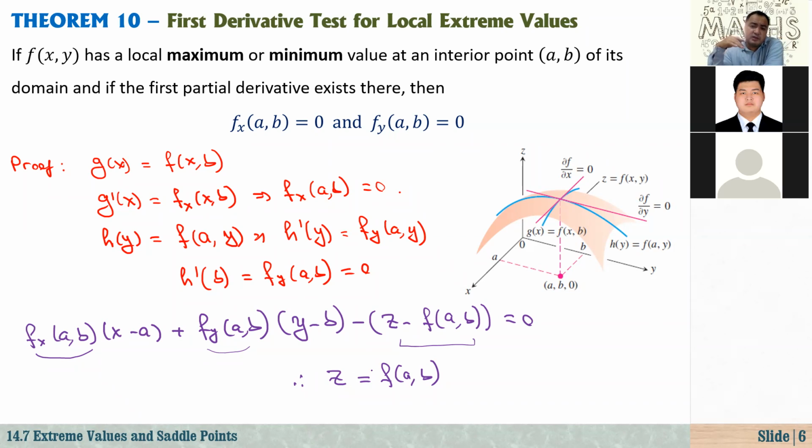That means that at this point, if these partial derivatives are zero, we can draw a tangent plane that is parallel to the xy plane. So there must be a local maximum or minimum. If there is a local maximum or minimum, it must be at a critical point in the interior points.